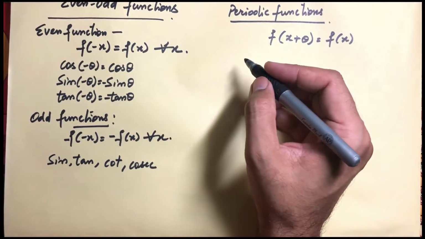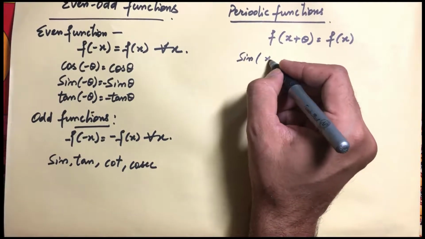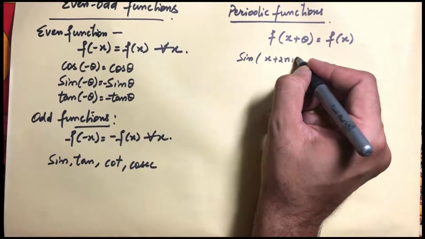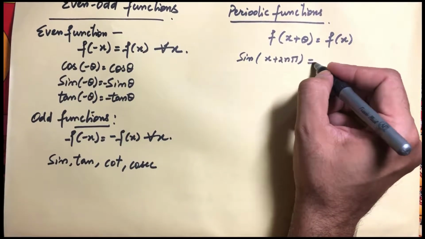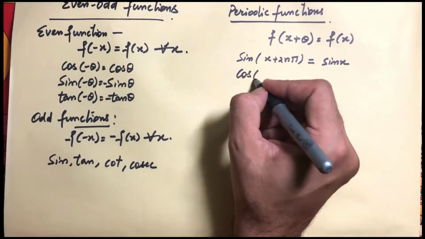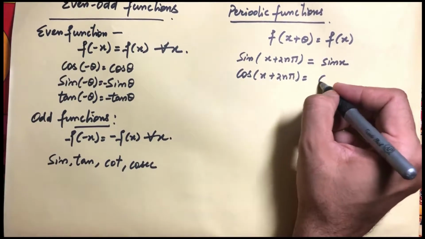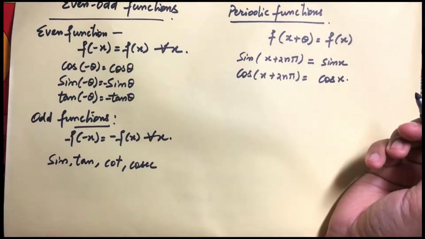And here in trigonometry, as you see, sine of x plus 2n pi is sine x, cos of x plus 2n pi is cos x.